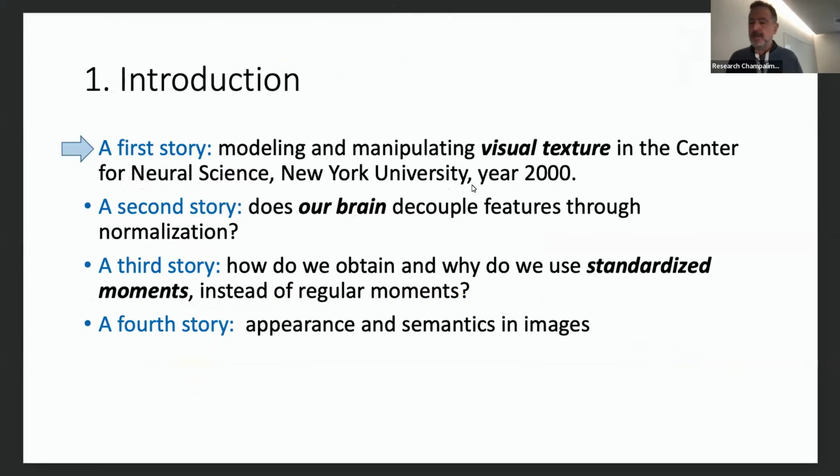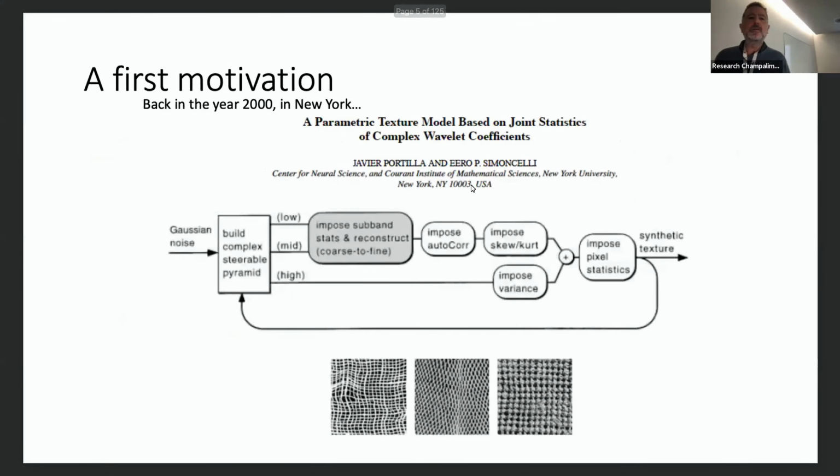So the first story is about 25 years ago, when I was doing a postdoc with Simon Telly, Center for Neuroscience. We were trying to model texture. So we ended up with quite a successful model that basically extracted a set of statistical features from the texture.